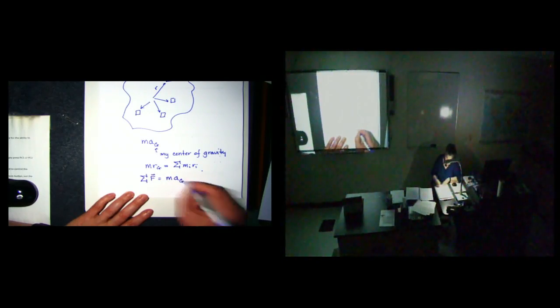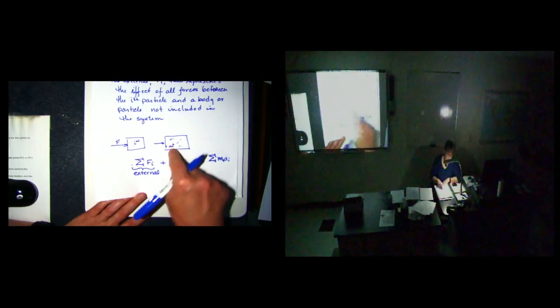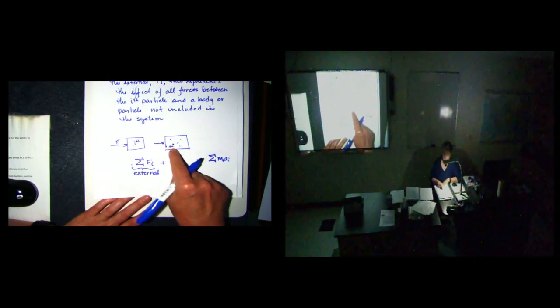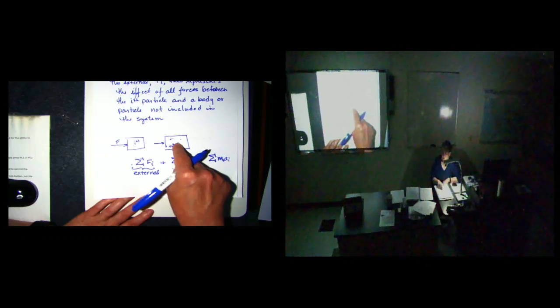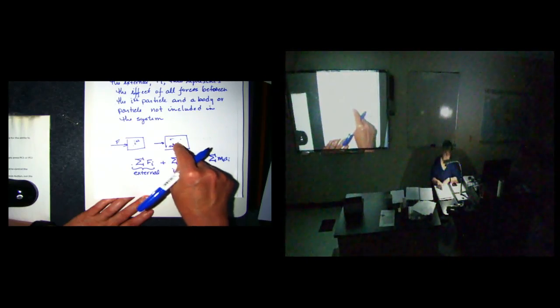And so my acceleration vector, at least in my x, y, and z coordinate system, is going to be the acceleration in the i direction, plus the acceleration in the y direction, plus the acceleration in the z direction.